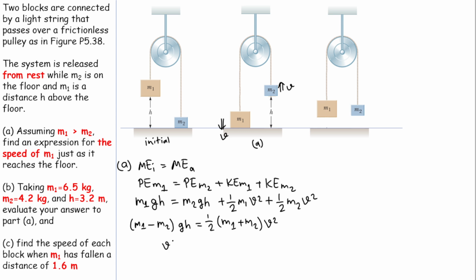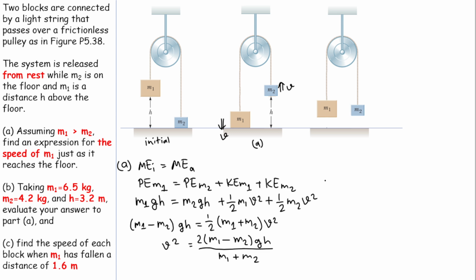So V squared is 2 multiplied by M1 minus M2, multiplied by gh, and then divided by M1 plus M2, right?